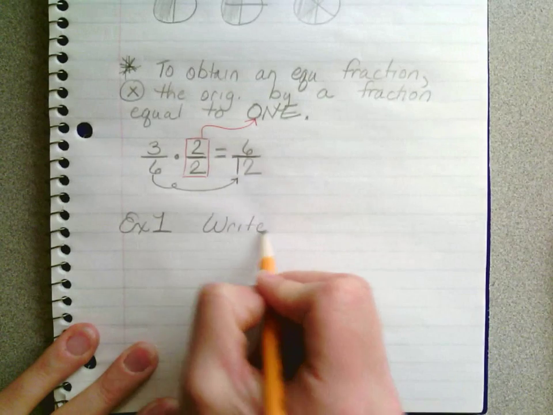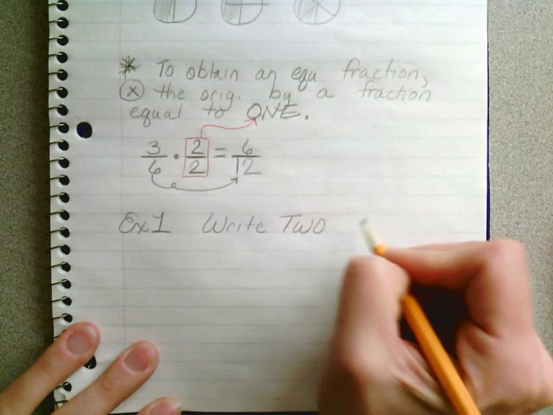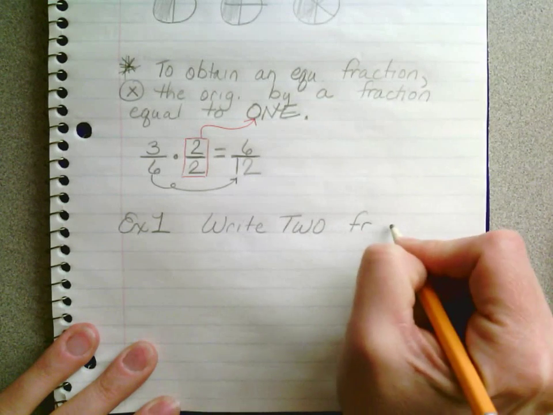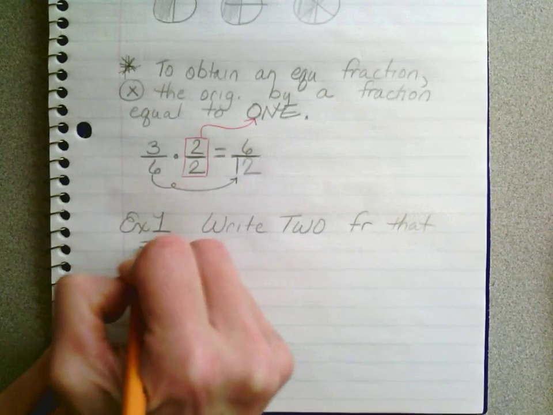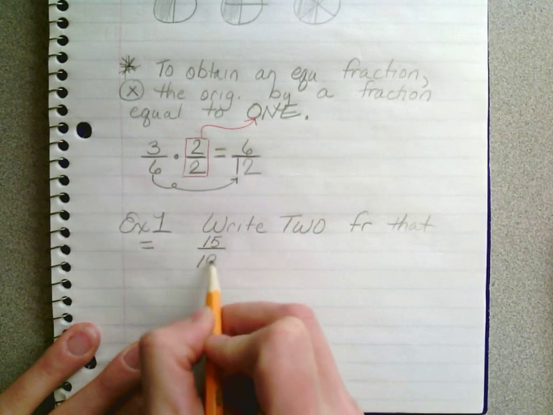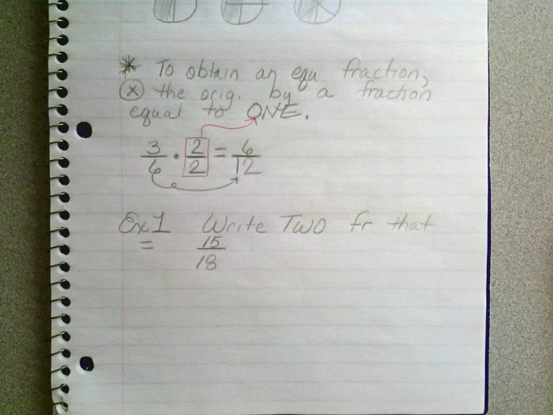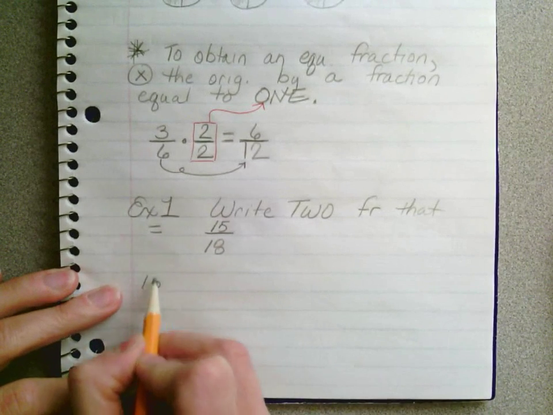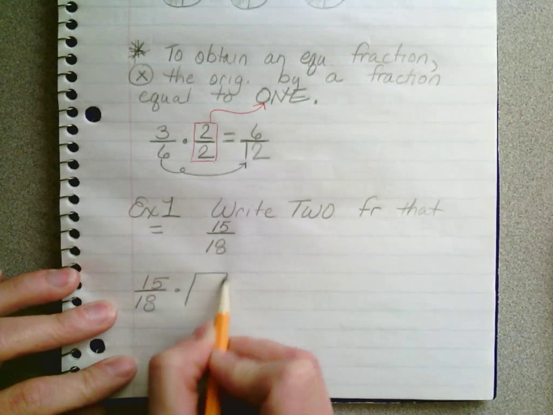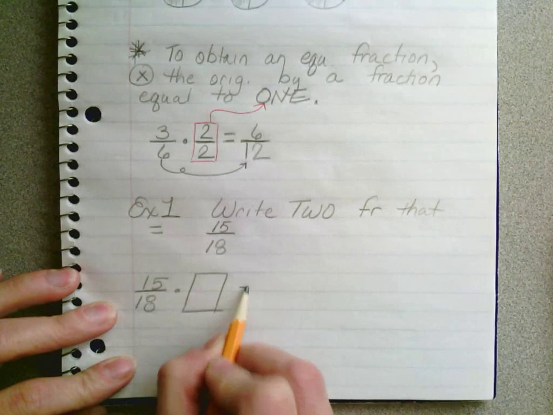Write 2 fractions that are equal to 15/18. Well, the rule above says if I multiply both numbers by the same thing, I will create an equivalent fraction.